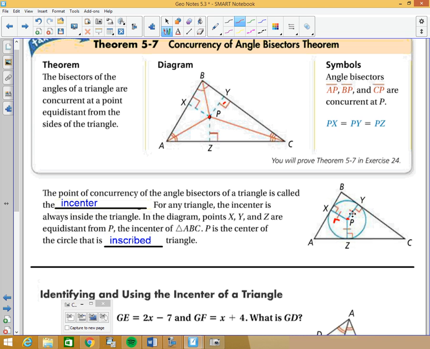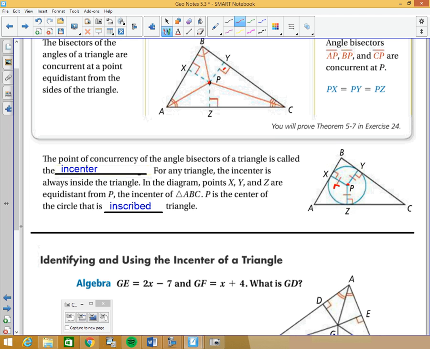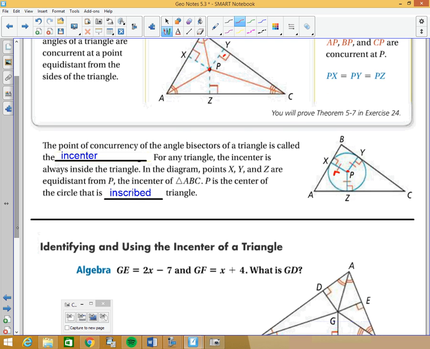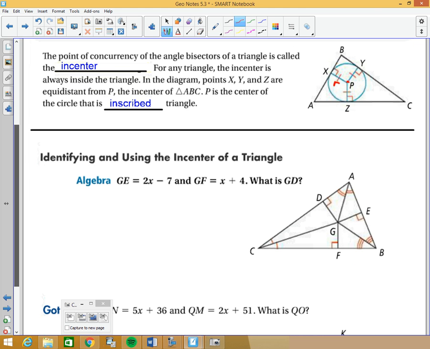So instead of having the circle go around or circumscribe the triangle for this particular example, the circle is inside, so it's inscribed. Okay, and so the point of concurrency for all the angle bisectors is the in-center, and P, or the point of concurrency, the in-center becomes the center or origin for the inscribed circle, so that the circle is now inside.